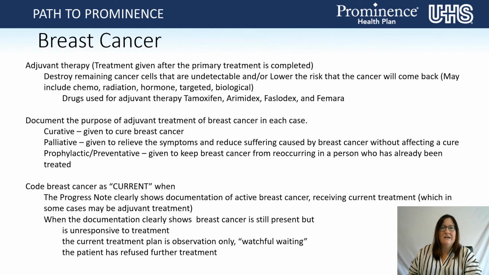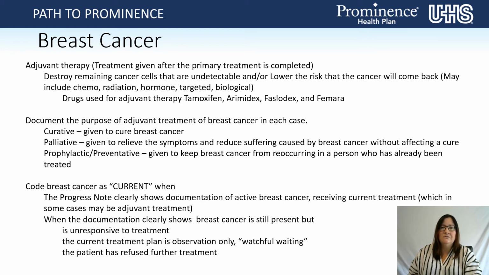Some additional details regarding adjuvant therapy for breast cancer, which is treatment given after the primary treatment is completed. Adjuvant therapy can be used to destroy remaining cancer cells that are undetectable and/or lower the risk that the cancer will come back. It may include things like chemotherapy, radiation therapy, hormone therapy, targeted therapy, or biological therapies.